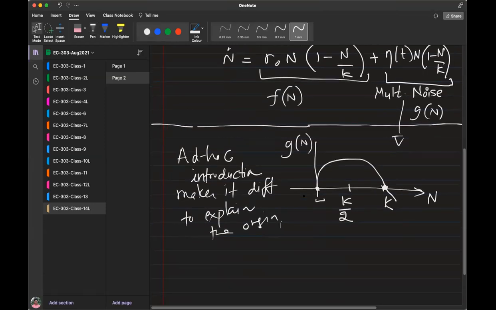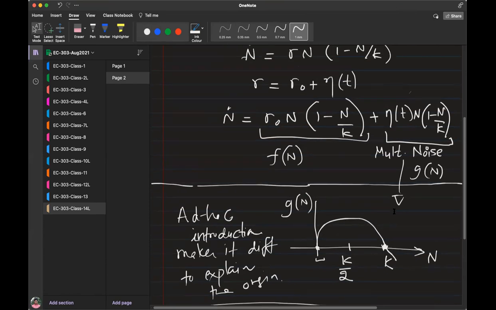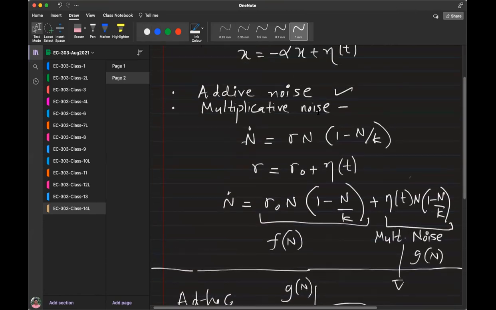But sometimes one can say it's a phenomenological approach, and we have some empirical reasons to believe this could be true. So going back to the introduction of stochasticity, there are these two ways we can introduce it.